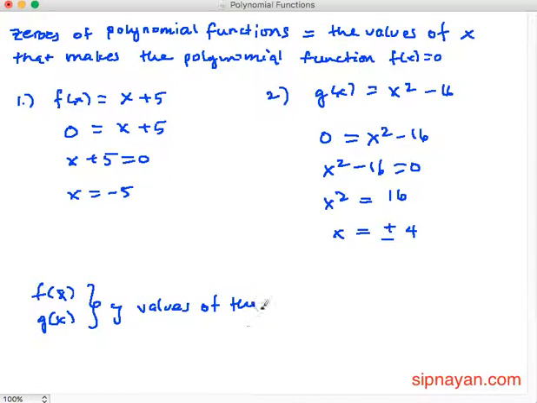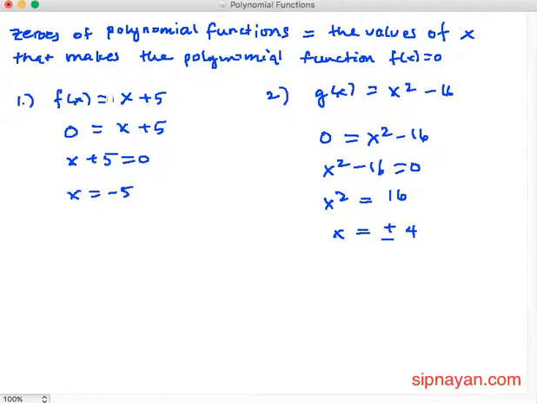So, in general, we are setting y to 0, and then we solve for x. So, kung mapapansin nyo, pareho siya sa pagkuha ng roots ng quadratic tsaka linear functions or functions in general.